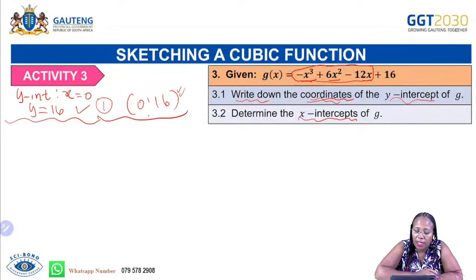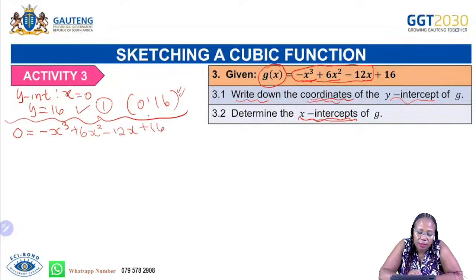Okay. Now the x-intercept, we are having the g of x function. When you are looking for the x-intercept, you let y equal to 0. Our y in this case is g of x, so we are going to let that equal to 0. This will be minus x cubed plus 6x squared minus 12x plus 16 equals 0.